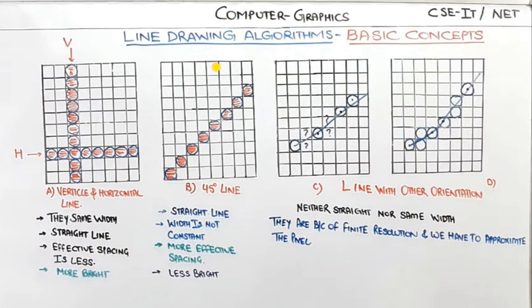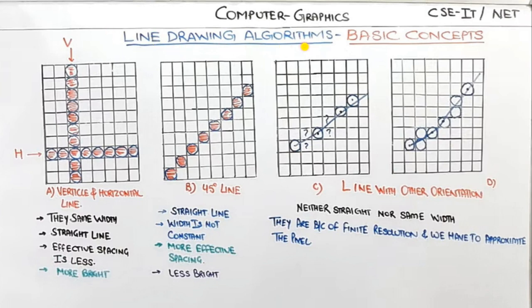I'm not talking about the random or vector scan display, I'm talking about the raster scan display. If you take the example of a line that should be generated on the phosphor screen, how will it be generated? That we will see in this concept, called the line drawing algorithm.